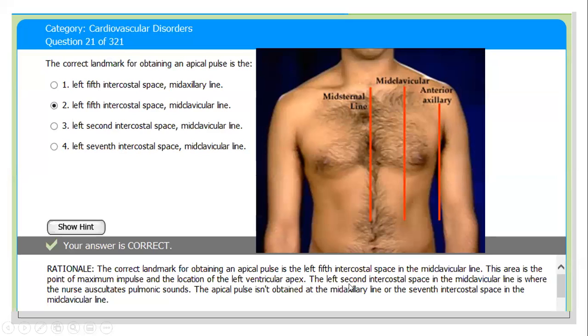The left second intercostal space at the mid-clavicular line is where the nurse auscultates the pulmonic sound. The apical pulse is not obtained at the mid-axillary line or the seventh intercostal space in the mid-clavicular line.